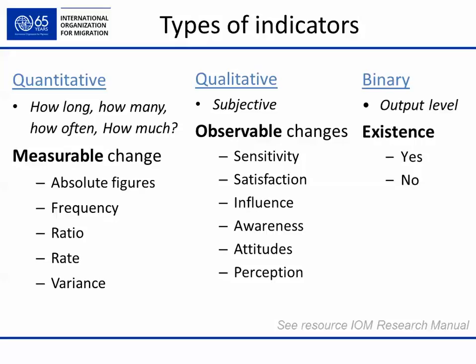These are observable changes which we can measure. They deal with satisfaction, awareness, attitudes, and influence, and many other things. And binary indicators usually measure the project results at output level. They measure existence, yes or no.